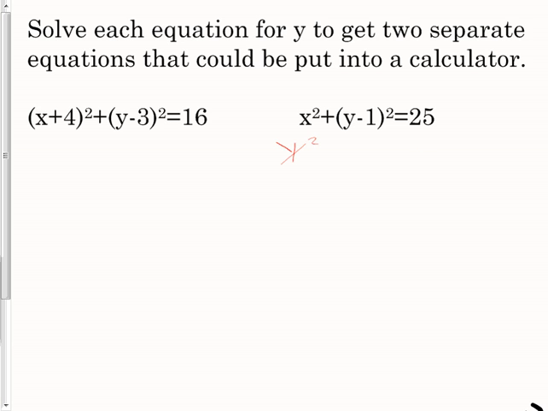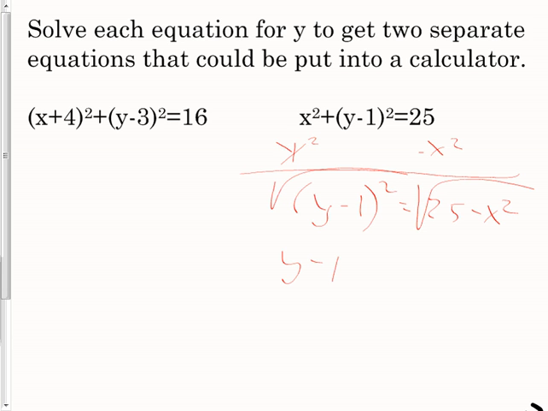Okay, good. Subtracting x squared from both sides, I get (y minus 1) squared equals 25 minus x squared. Keep going. Square root, square root. y minus 1, the square root of 25 minus x squared. Okay. Got it.